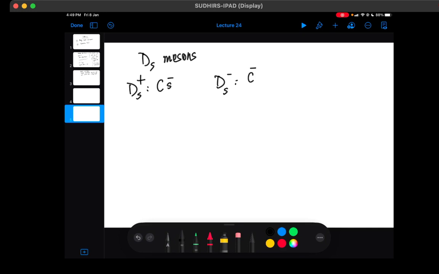So you have all these mesons with one heavy quark, and the others typically light.